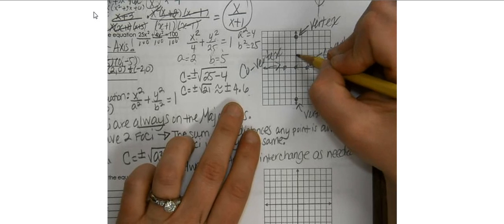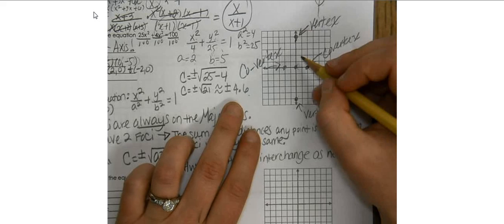And like I said to you before, foci are always located on the major axes. So in order to find my ordered pair for my foci, I'm going to start at 0, 0, and I'm going to count 4.6 units to the north and to the south. So going to the north, I have 1, 2, 3, 4. 0.6 is about right here.